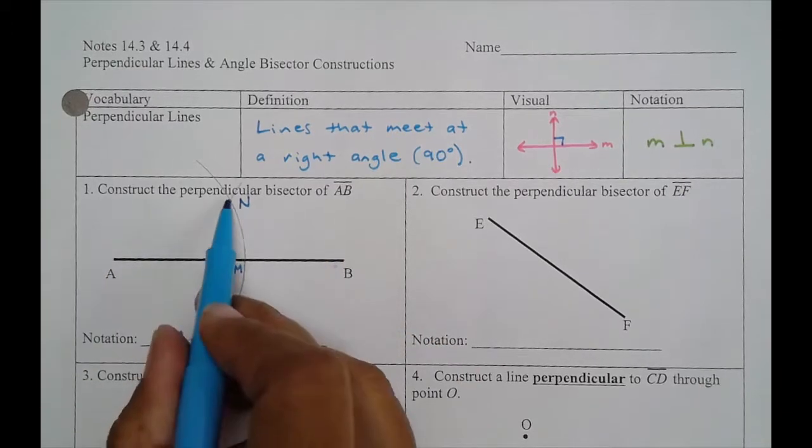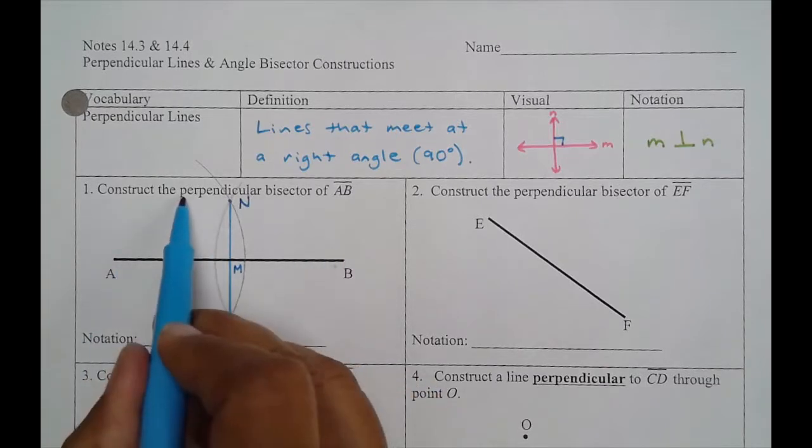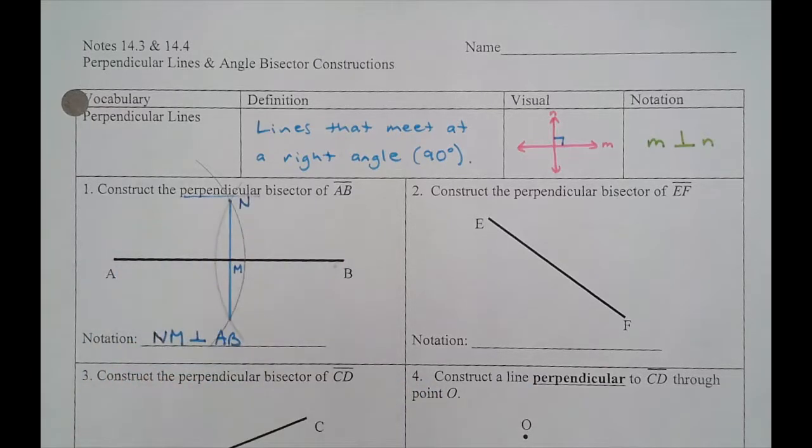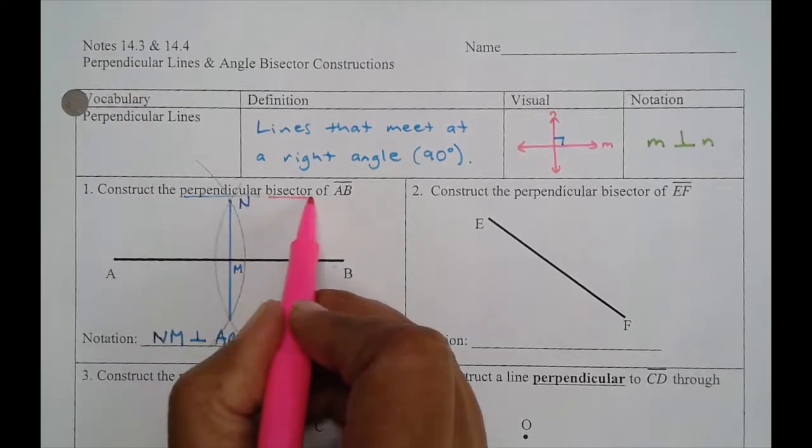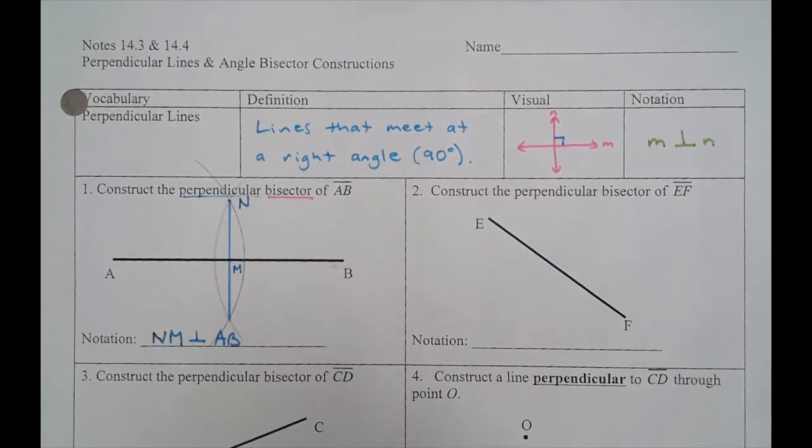Not only is NM perpendicular to AB, which takes care of the perpendicular part of this, but it is also a bisector. Now, bisector means it splits it in half.